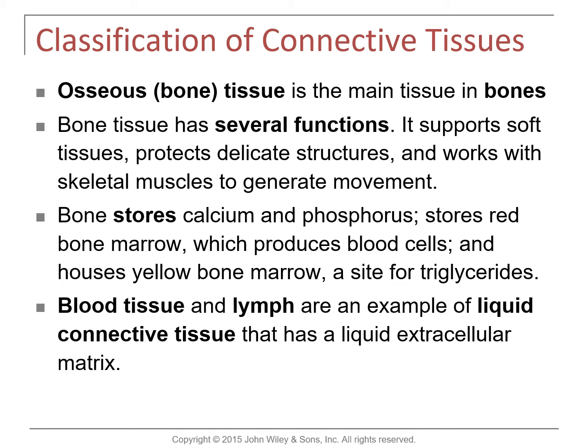And as lymph passes through the lymphatic vessels, the fluid is also filtered through the immune structures called lymph nodes, which contain white blood cells to remove the debris and the pathogens and to elicit immune responses. So we've seen that connective tissues vary from your liquid ones to the very solid ones, bone tissue.